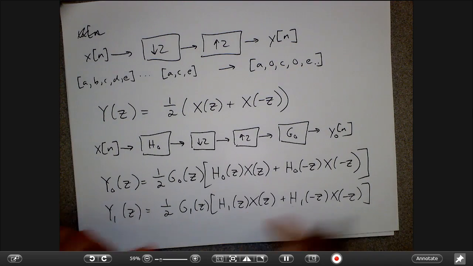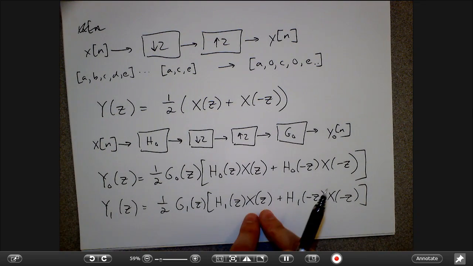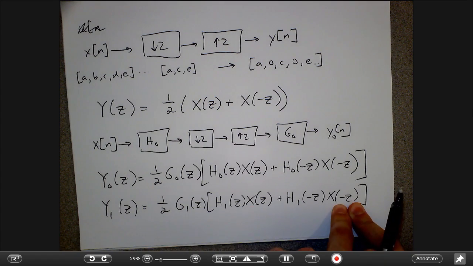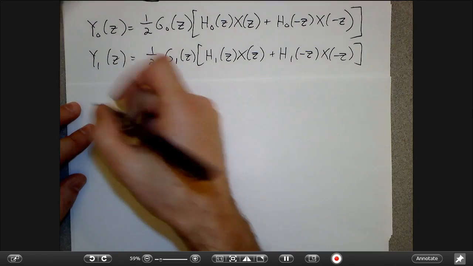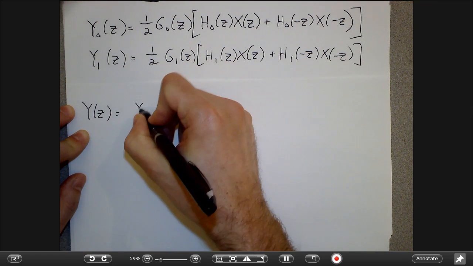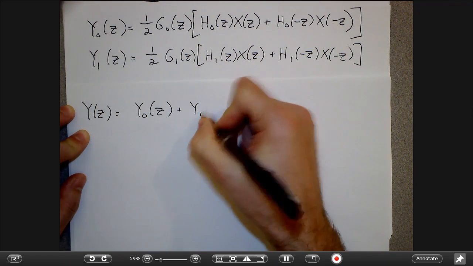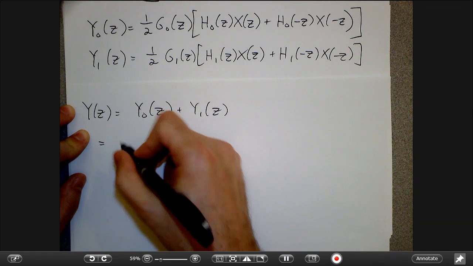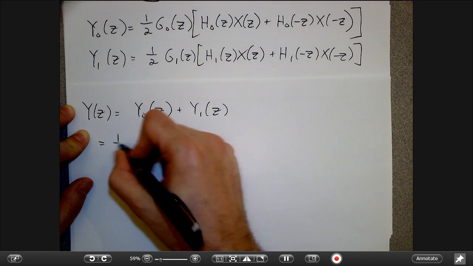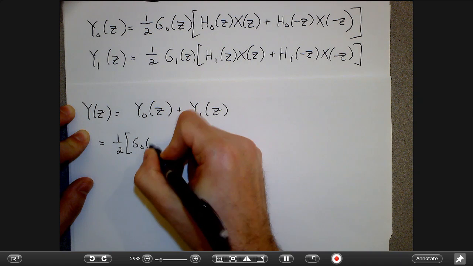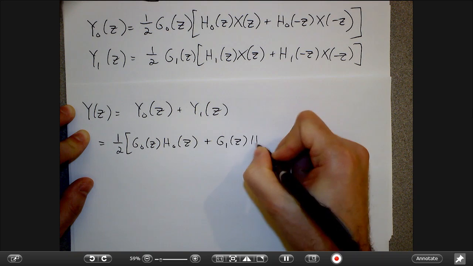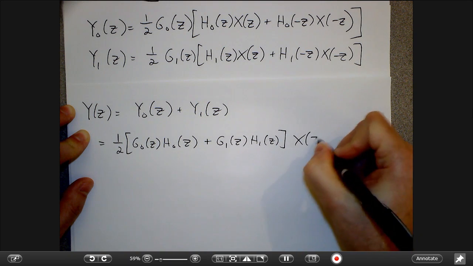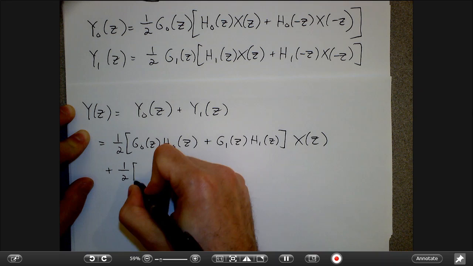And if I added these two things up, I'm going to collect these in terms of a part that only depends on X(z) and a part that depends on X(-z). So the overall output would be the sum of these two things, which is a part that depends on X(z) only, and a part that depends on X(-z).